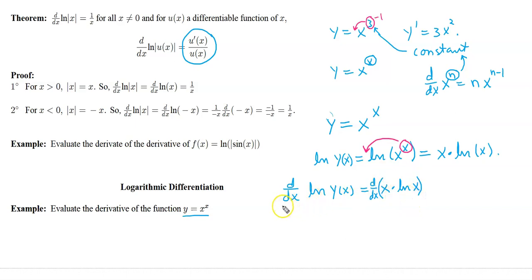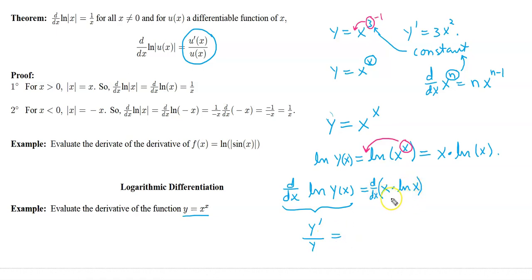Now the derivative of this side right here, the y is playing the role of a u, like this up here. So the y is just playing the role of the u. So this piece right here is going to be y prime over y. And the y prime is what we want to solve for. Now the derivative of this side here, we have to use the product rule.